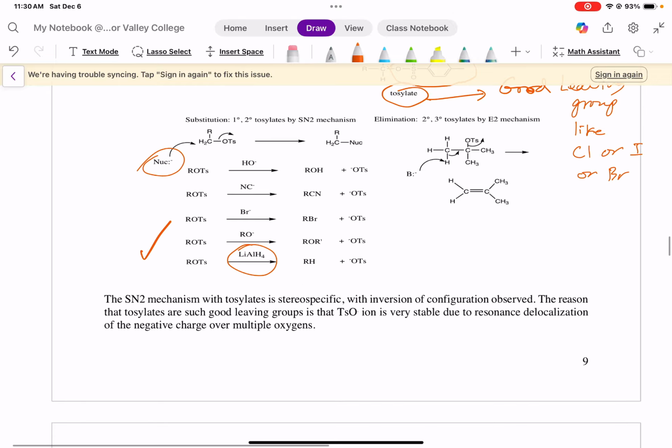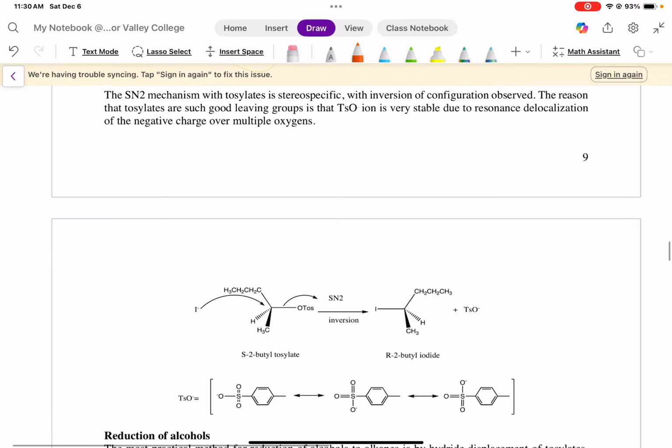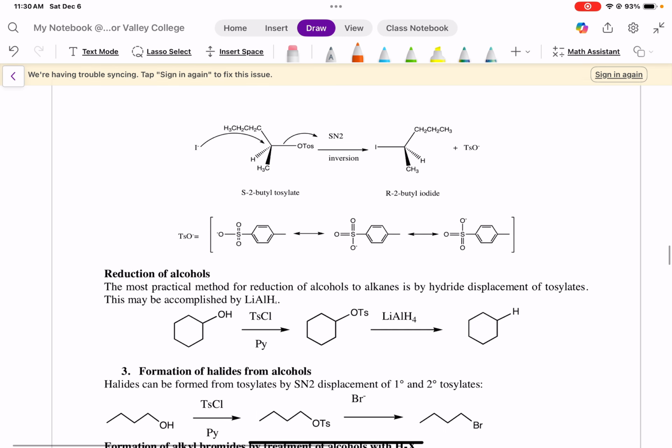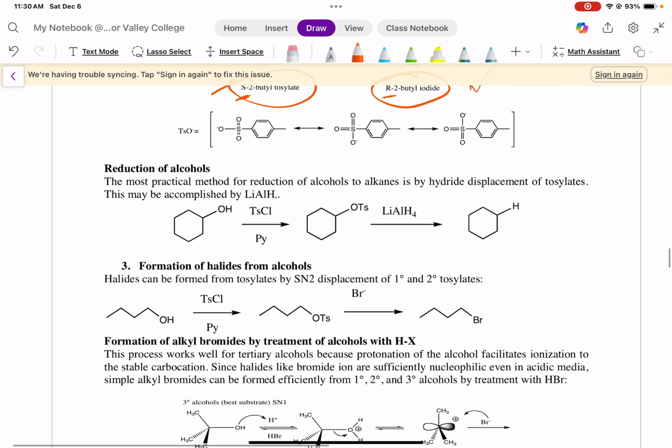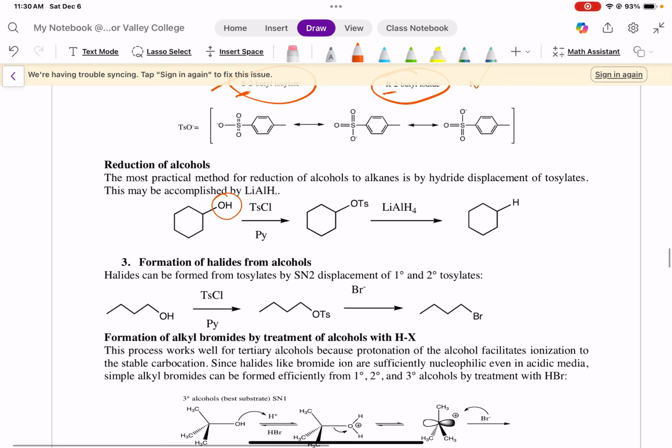Okay, so basically, and here's more replacements, and just like typical SN2, you start out with S, you get the R. You start out with R, you get the S. Now here's the really cool stuff. Okay, OTs becomes OH becomes OTs, and that's it.